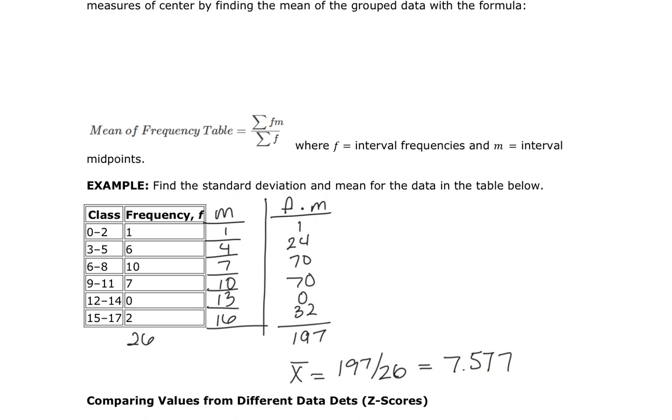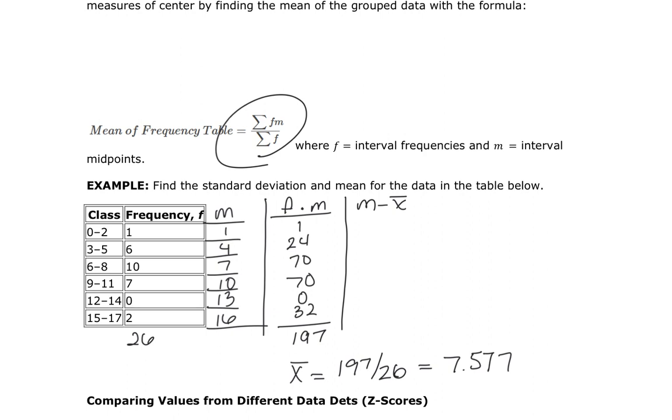Now, to do my standard deviation, I need the sum of my frequency times its midpoint. But when I'm doing a grouped frequency, I need to find my midpoint, and I'm going to subtract off my mean. So I'm going to do that midpoint value, and this is 1, subtract off this. I'm going to fill in this table.